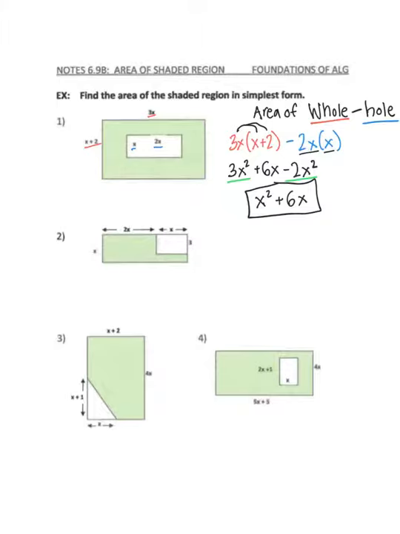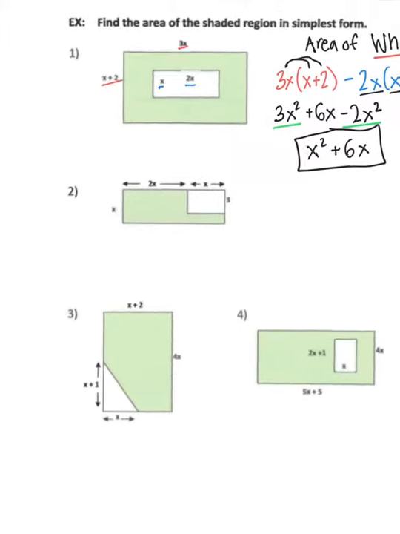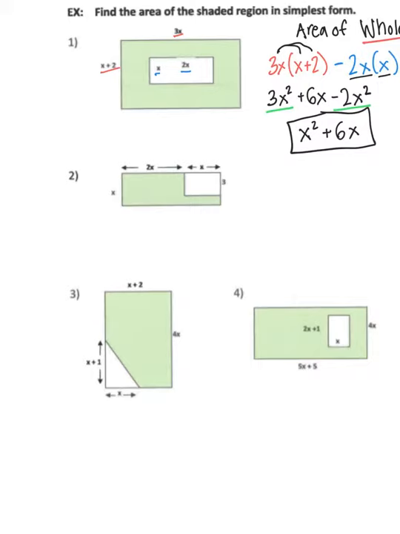Okay, let's look at number 2. We're going to start with the area of the whole shape. So that would be x times this whole length here. Now it doesn't give us a number for that whole length, but it gives us the two pieces. Here we have 2x and we have x. So this whole thing is going to just be 2x plus x.